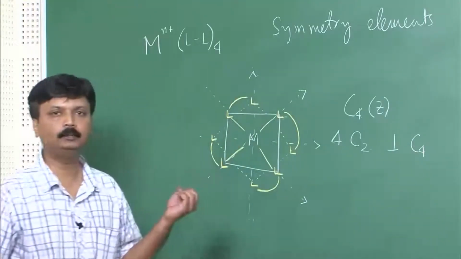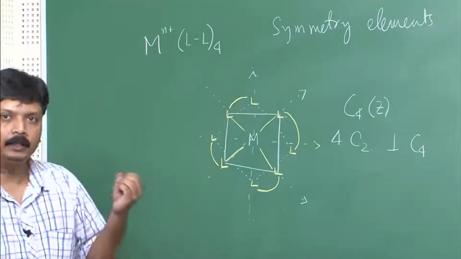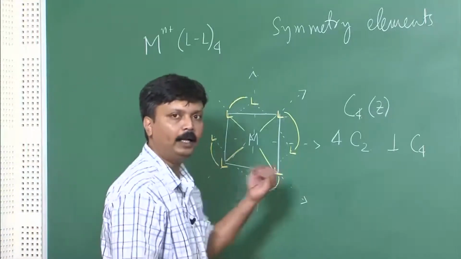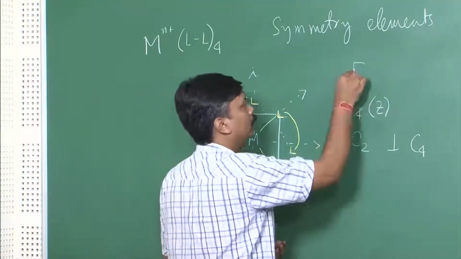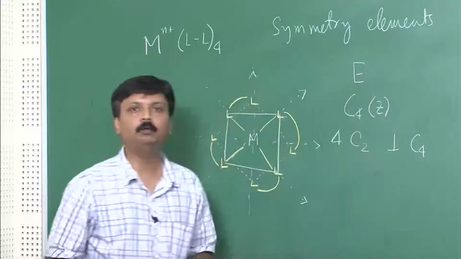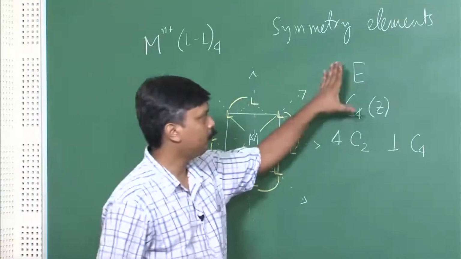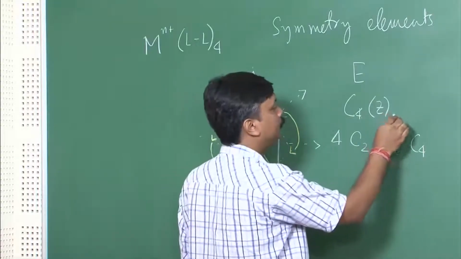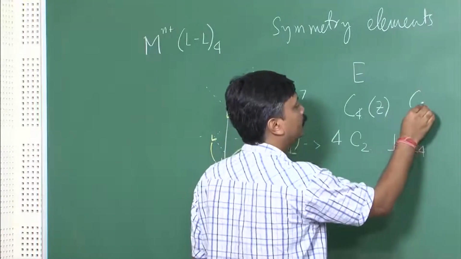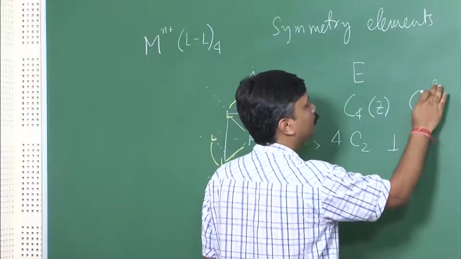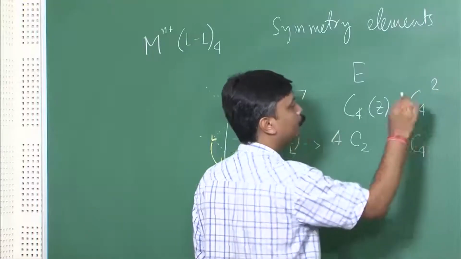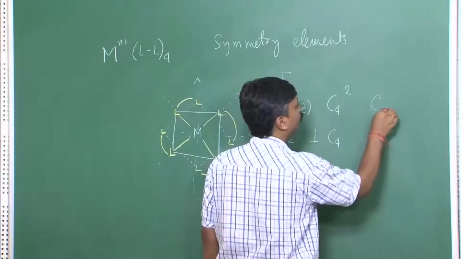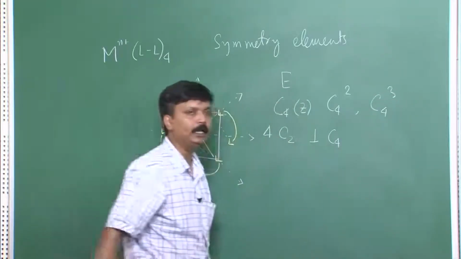Are there any other symmetry elements? There is nothing else apart from the identity, which is implied and always there. The identity will generate only one operation, identity, and the C4 will generate C4 squared, C4 cubed, and C4 to the fourth is identity.